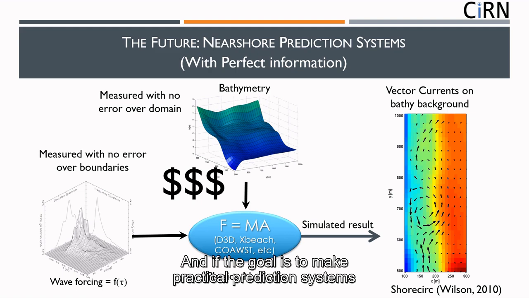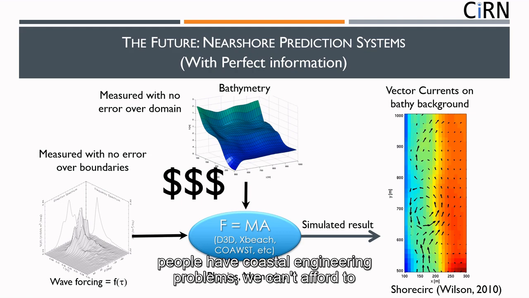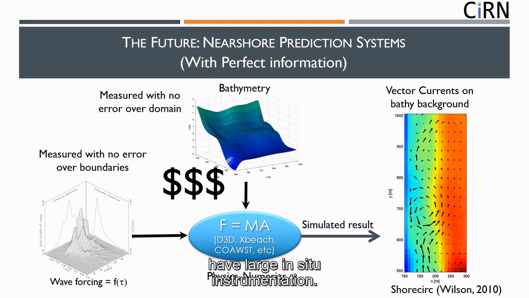And if the goal is to make practical prediction systems, nearshore prediction systems that can be used anywhere that people have coastal engineering problems, we can't afford to have large in situ instrumentation.